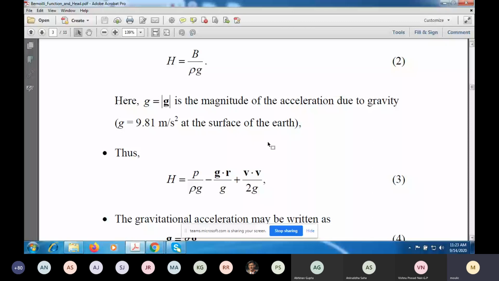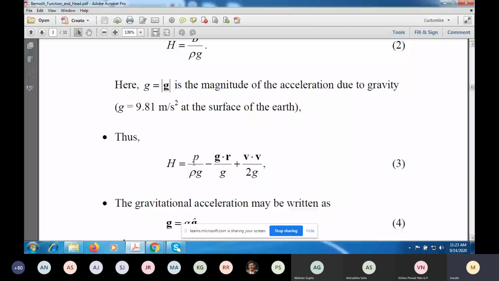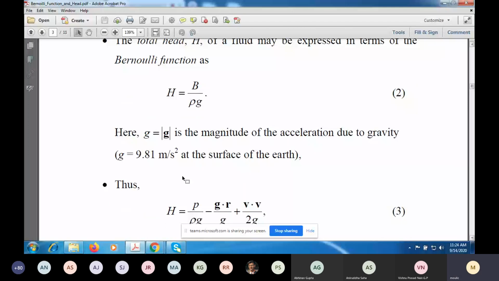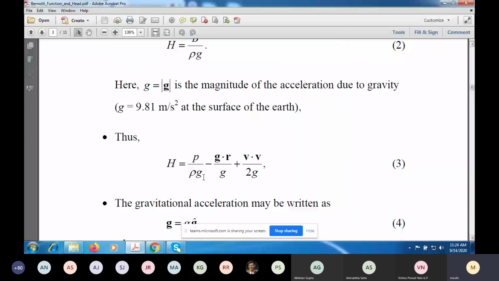So I'm writing it in this form: capital H is the symbol which I'm using for head, or you can call it total head. It is P upon rho g minus g dot r by the magnitude of g plus v dot v by 2g. So this half is there because it is a kinetic energy term.